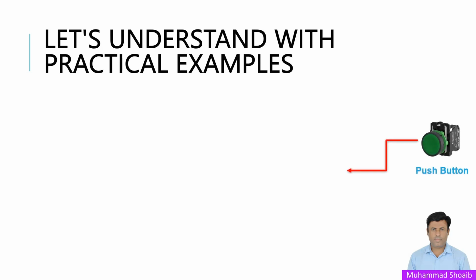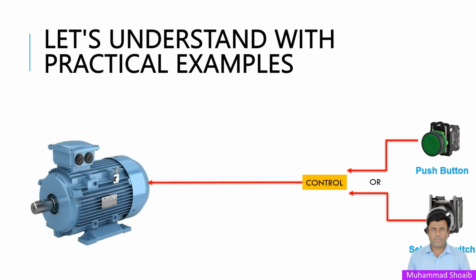Suppose we have a push button or selector switch and we want to control a motor. How can we program this in the PLC, and how can we develop the logic? Before moving toward the PLC programming side, we must understand how we can control a motor in a control system.